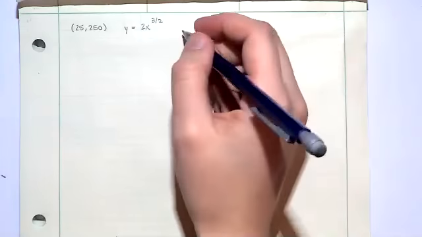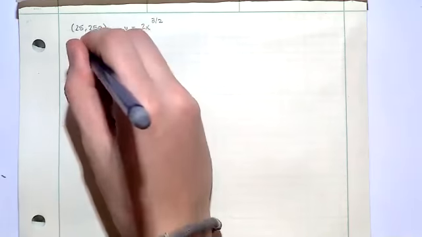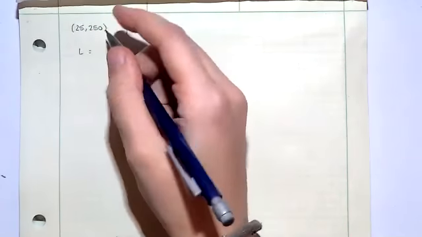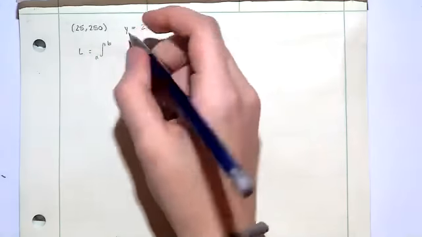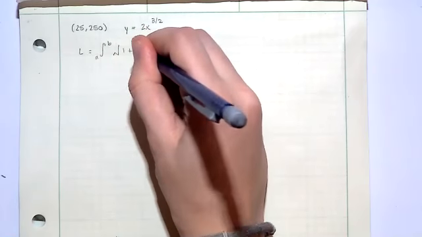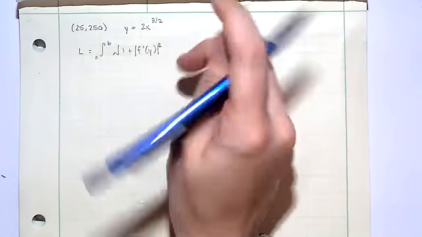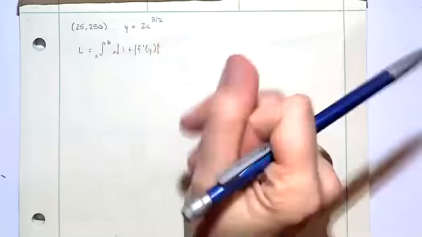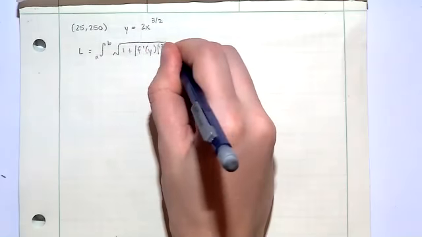So in the case of this one, what we want to start off with is really just the equation that we're aiming to get. So in terms of arc length, our length L is going to be equal to the integral from A to B of the square root of 1 plus f prime of y squared, in absolute values there, and then dx.